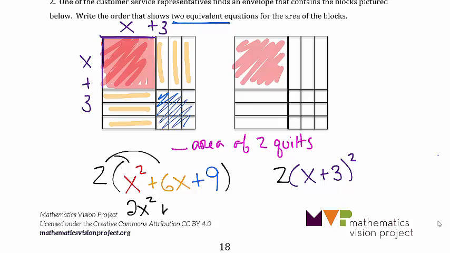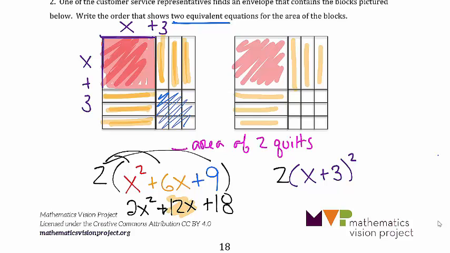2 times 6 is 12 x's. 1, 2, 3, 4, 5, 6, 7, 8, 9, 10, 11, 12 x's. And 2 times 9, 18 ones. If we were to add them up, 9 plus 9 is 18.